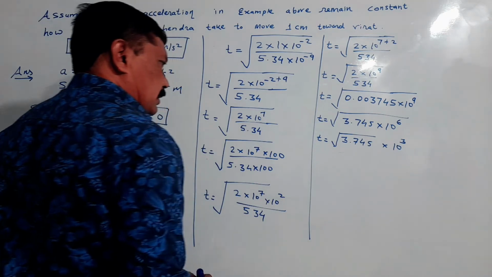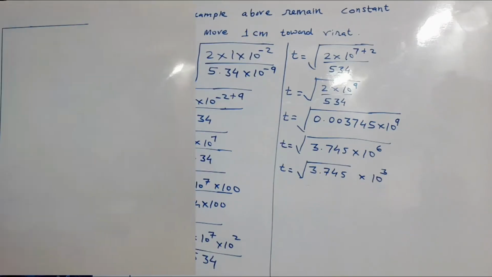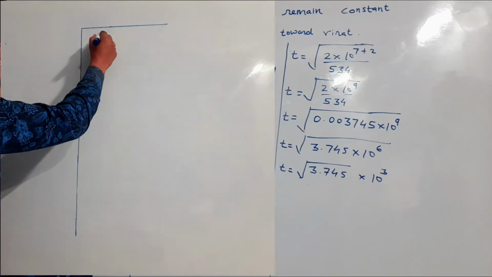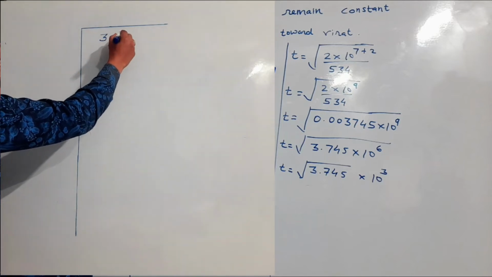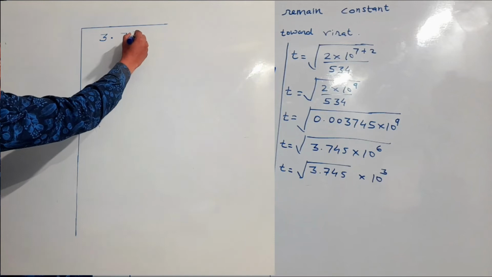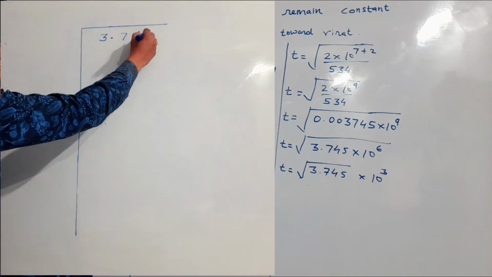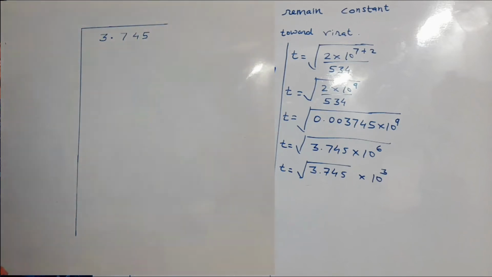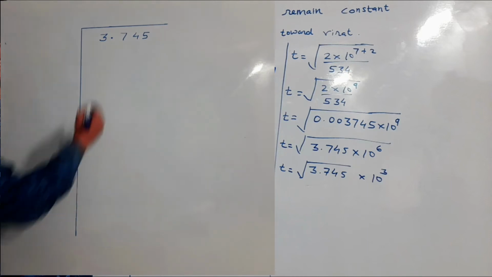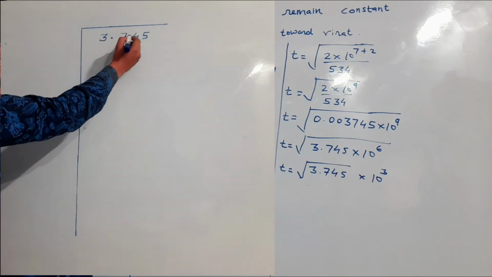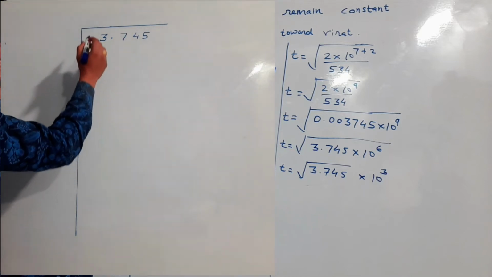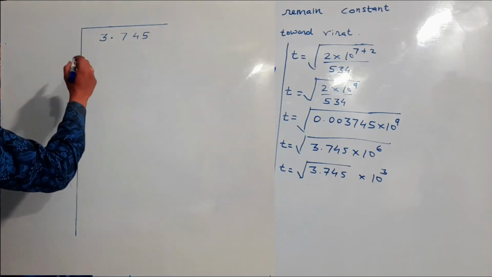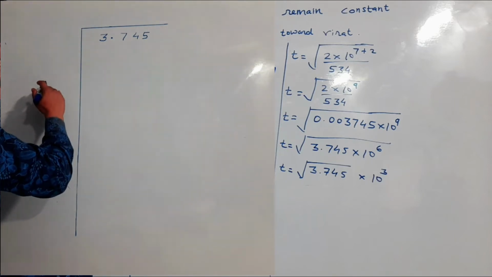Let's find the square root of 3.745. In order to find the square root of 3.745, we have to make the pairs. So we have to make the pairs on both sides of the decimal point.